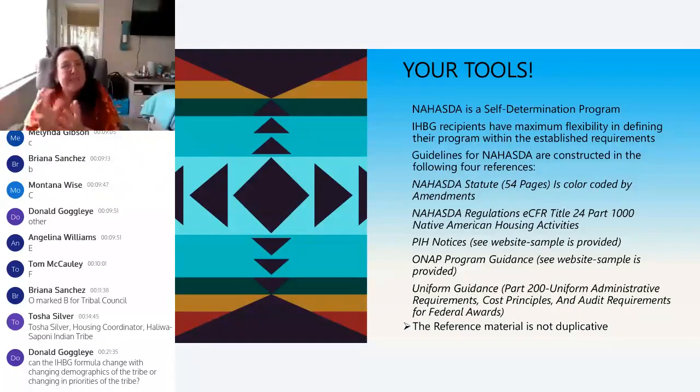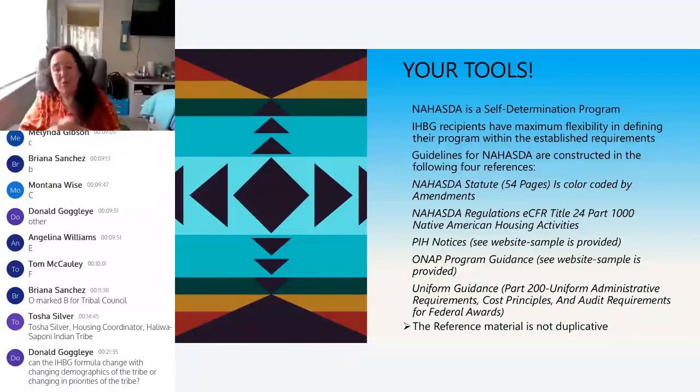It's basically almost all things finance or money related. So you could actually have the same procurement policy as your tribe, the same audit requirements as the tribe. So your finance actually could mirror each other. Sometimes we have higher thresholds in certain things in procurement because we do more building. That's up to your governing body though.